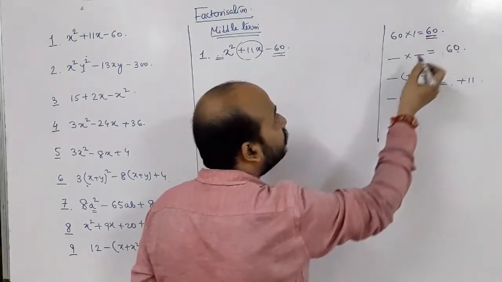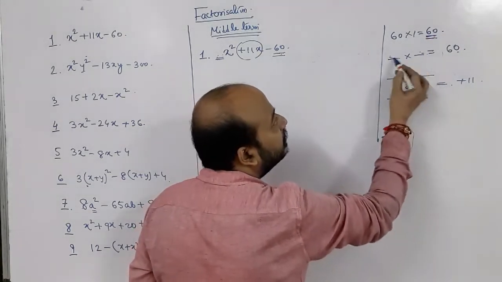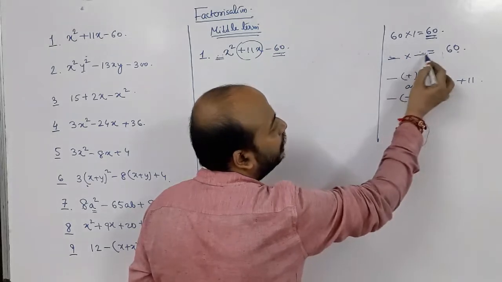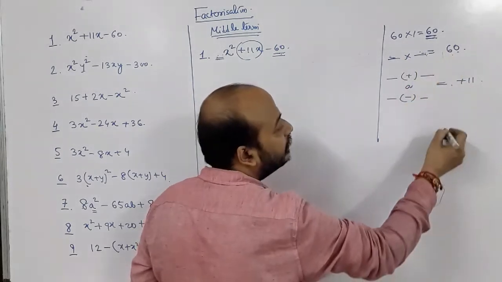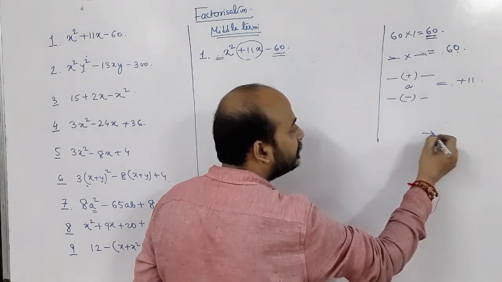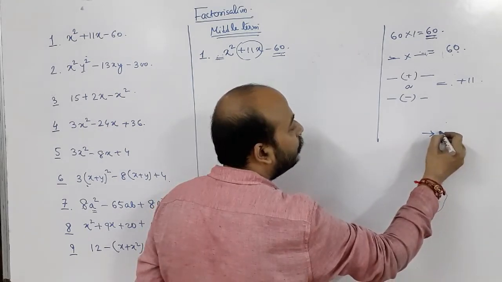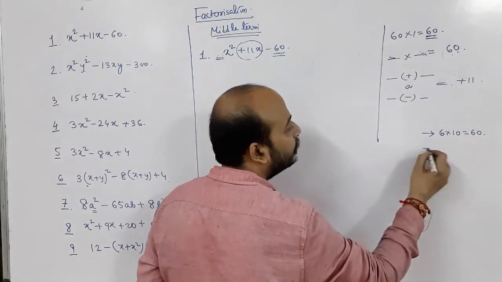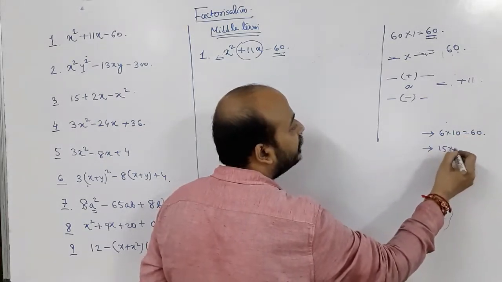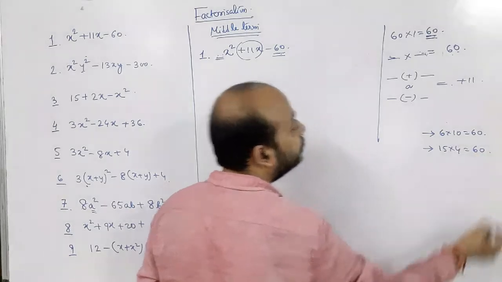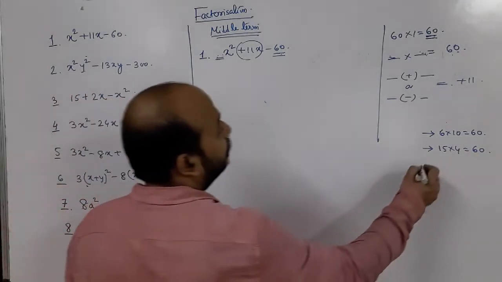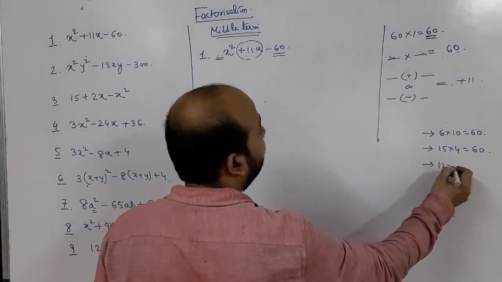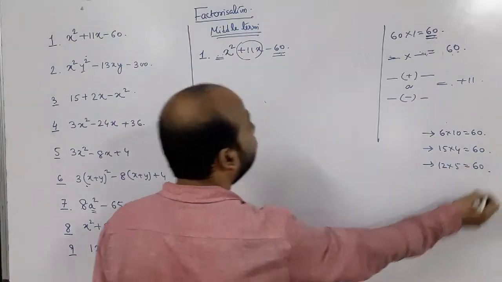So now see what I am telling you. I have to think of 2 numbers such that when multiplied they become 60. Now 60, you can see, 6 into 10 is 60. 15 into 4 is also 60. 12 into 5 is also 60.